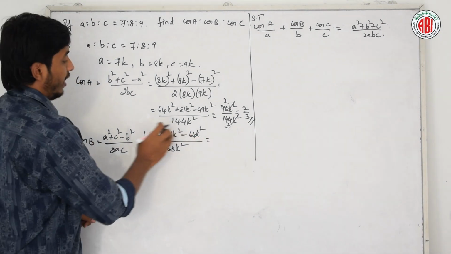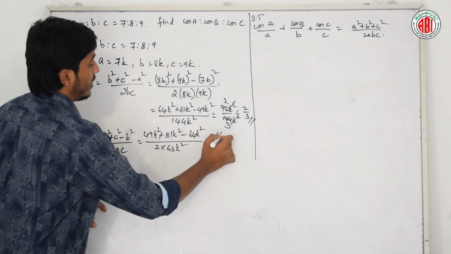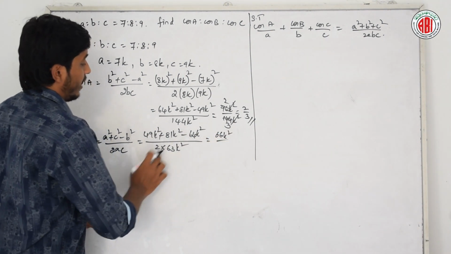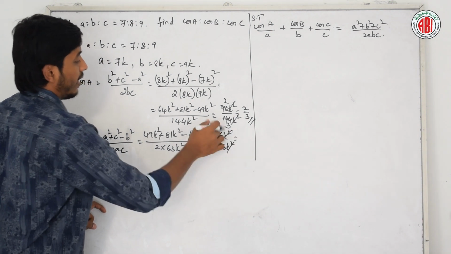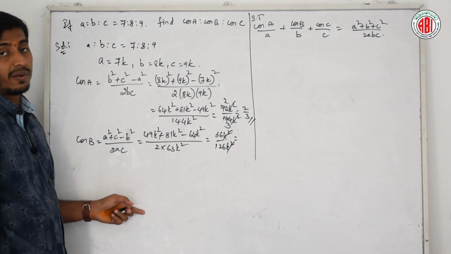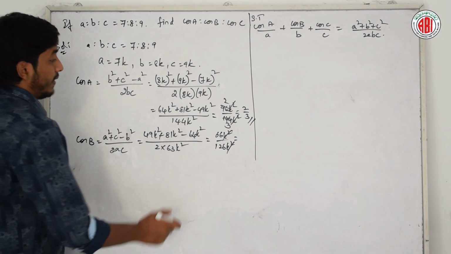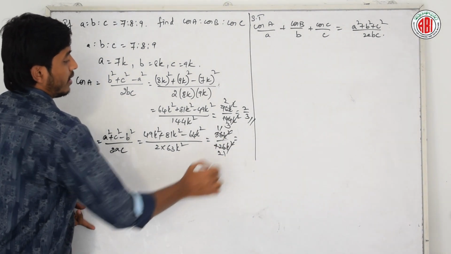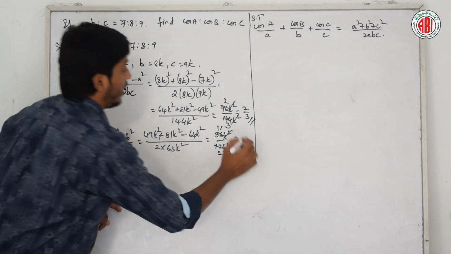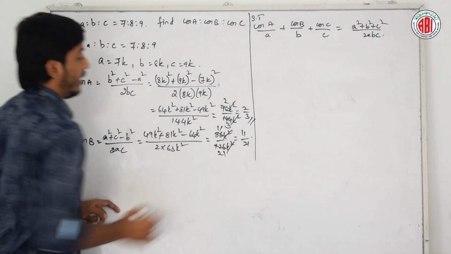Now tell me, 15 plus 81 will be 66k square divided by 126k square. If I cancel, how much will I get? 66 by 126. Tell me. 6 11s are 66, 6 21s are 126. That will be 11 by 21.